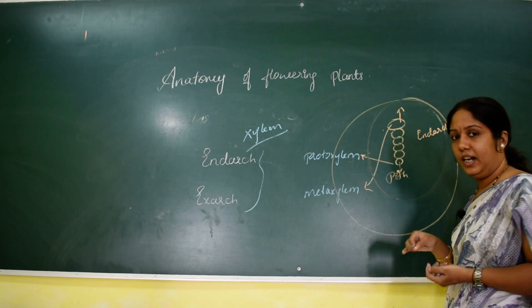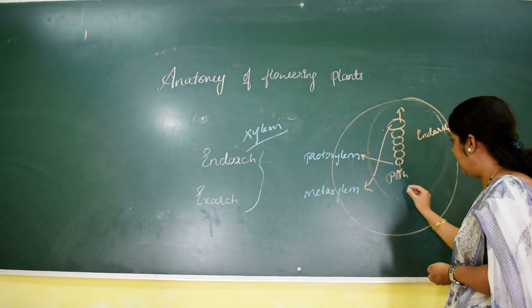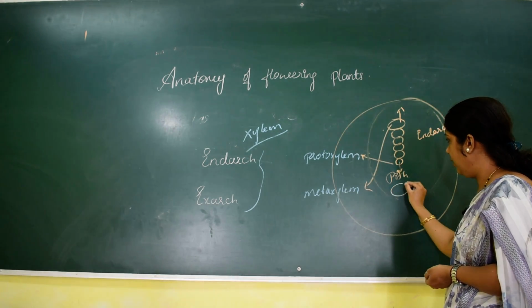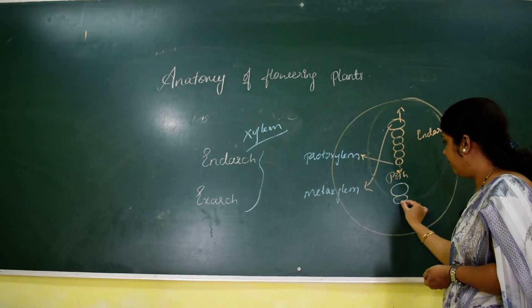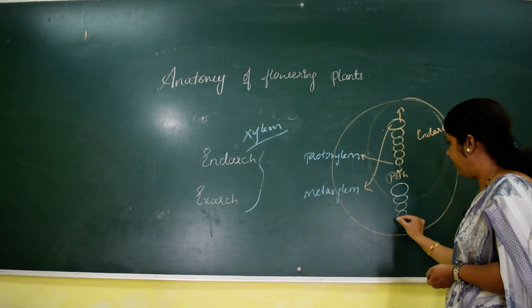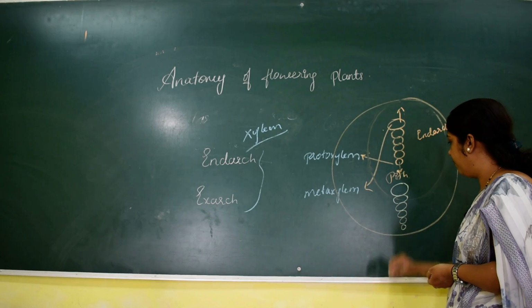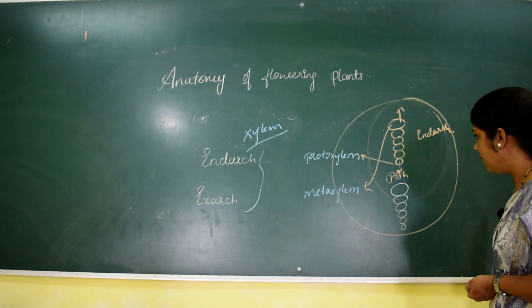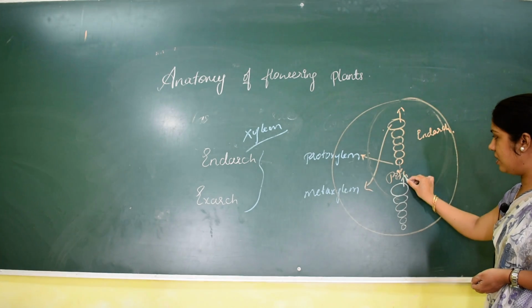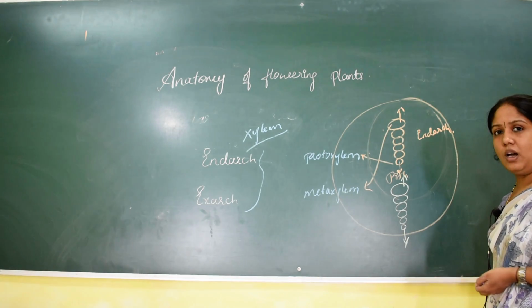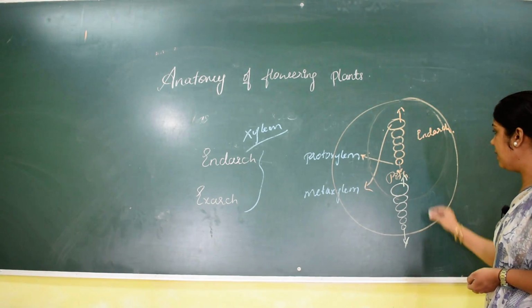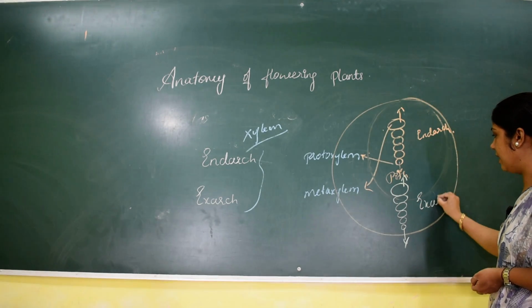This is called endarch. In the same way I will draw exarch, see. In the reverse, where the metaxylem is towards the center and the protoxylem is away from the center, this type is called exarch.